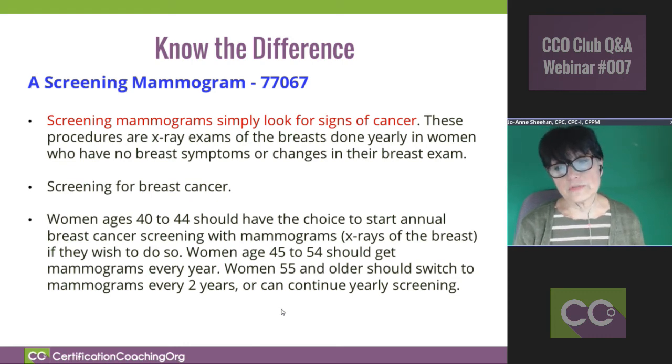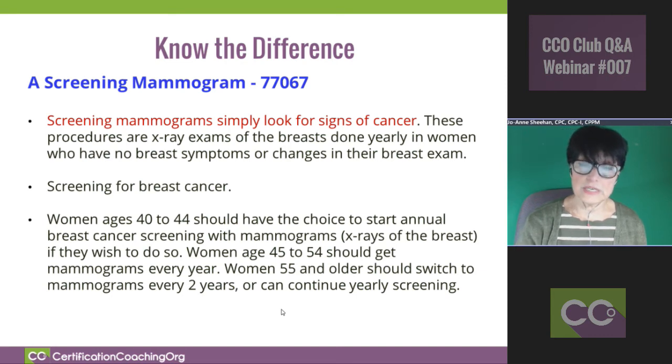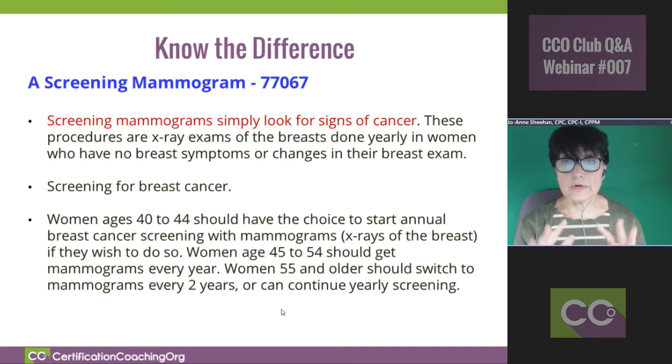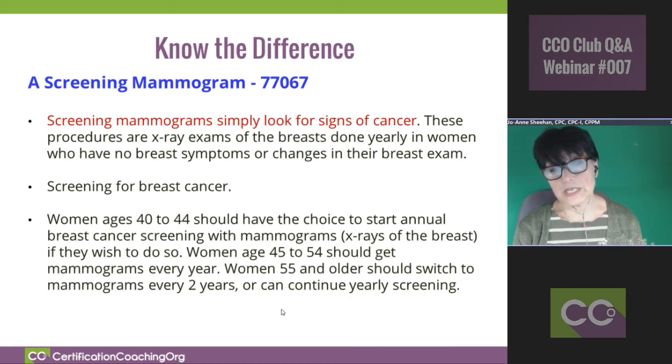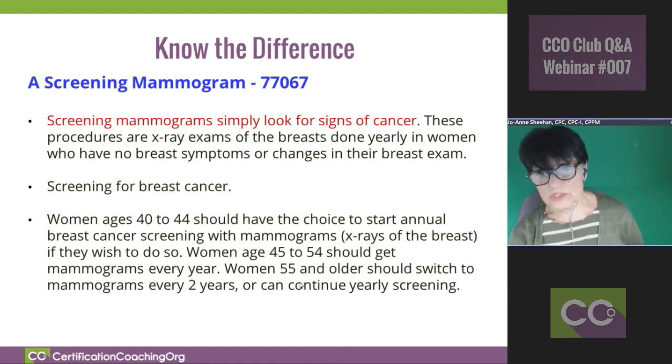Women 45 to 54, it's recommended that they get one every year. And women 55 and older should switch to mammograms every 2 years or continue yearly screening. And that right now is what the guidelines are. Sometimes things change and they may actually change the time periods. But for now, this is what the guidelines are.